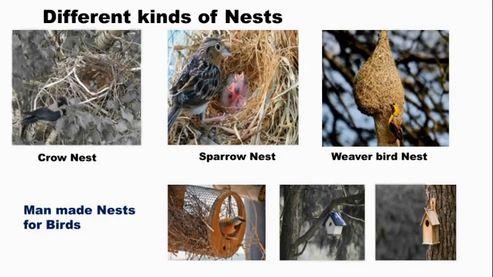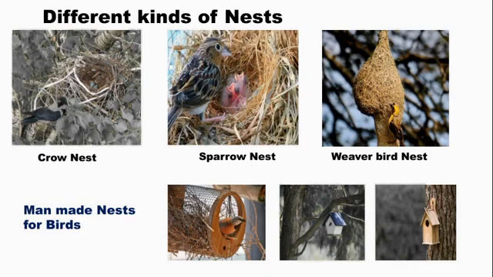Different kinds of nests. First picture, crow nest, sparrow nest. This last one is the weaver bird nest. See, children, how those birds are making their nest. Even in the sparrow nest we can see the sparrow babies also. This is a very special weaver bird because it weaves the nest so nicely.